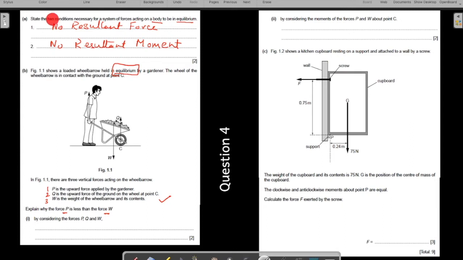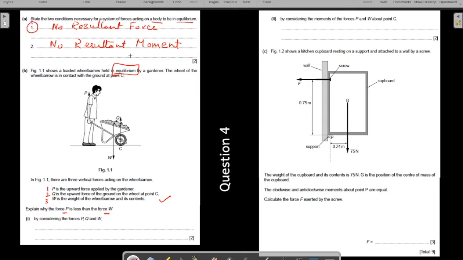What are the 2 necessary conditions for a body to be in equilibrium? No resultant force, first point. So we'll be using the first point because they are saying by considering the forces you have to prove that the force P is less than the force W. So we take up the first point here, no resultant force.